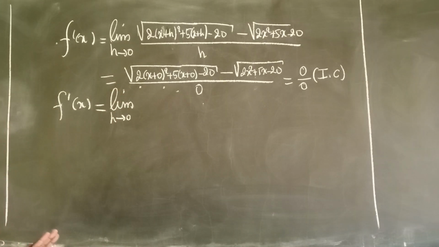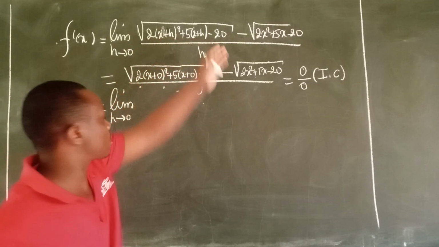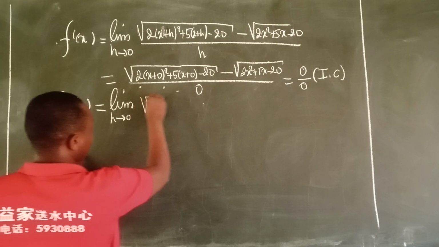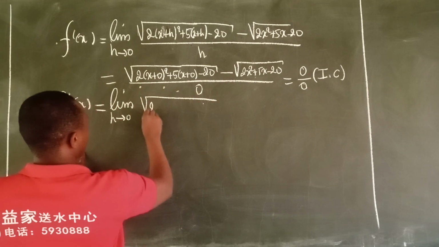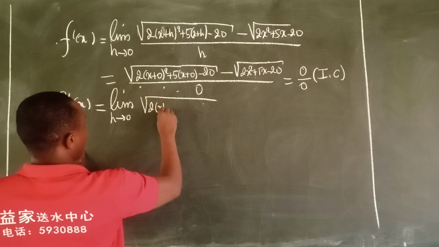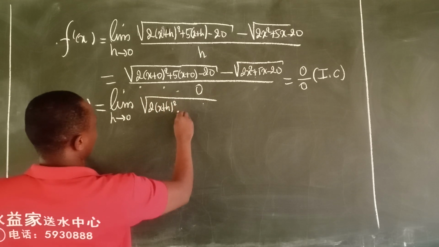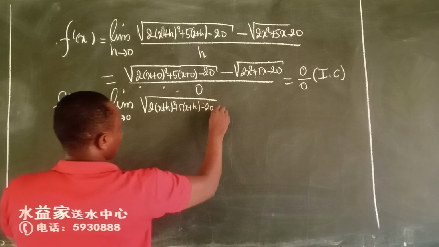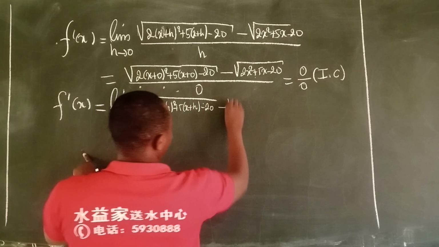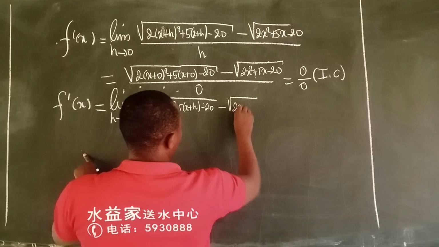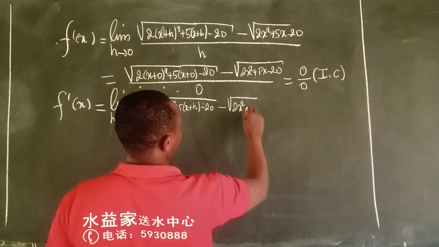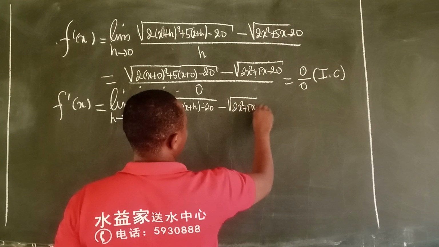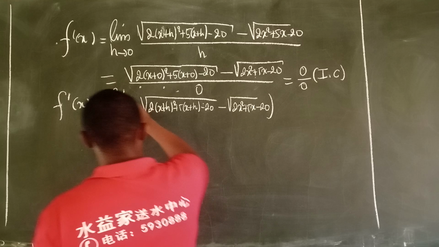h is very small. We are going to take this. Here it is 2 into (x plus h) squared plus 5 into (x plus h) minus 20, minus the square root of 2x squared plus 5x minus 20.